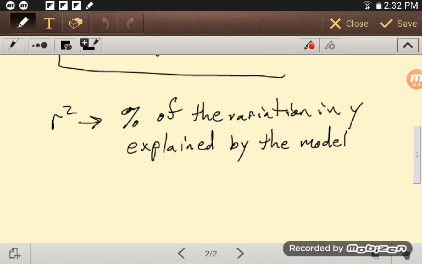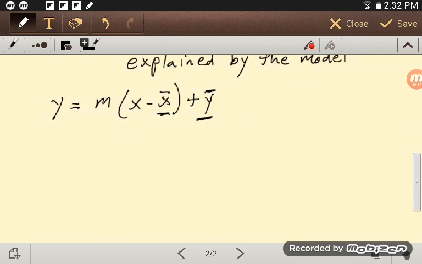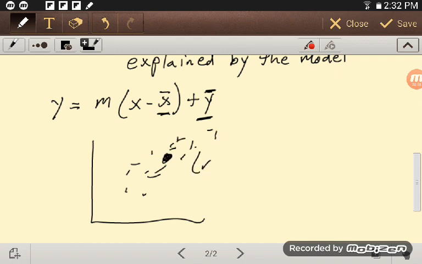What we know is the right answer is y equals m times x minus x bar plus y bar. So the right answer contains that point. If you have a bunch of data, then maybe right there is the point x bar, y bar, the average of the x's and the average of the y's, and then the correct answer is going to go through like that. So I actually know a point on the line, I just need to get the slope.